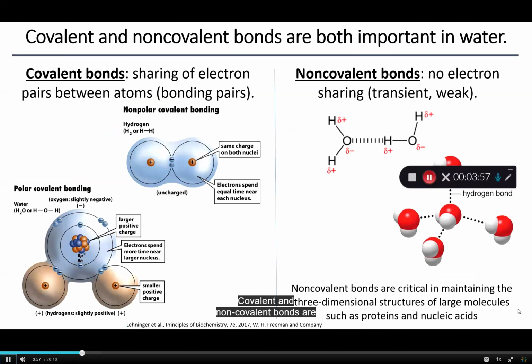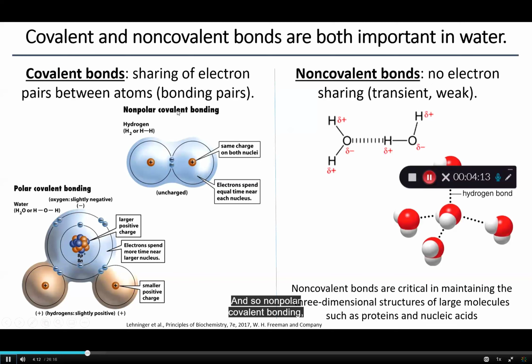Covalent and non-covalent bonds are both really important in liquid water. Covalent bonds are stronger than non-covalent bonds, and involve the sharing of electrons between atoms.